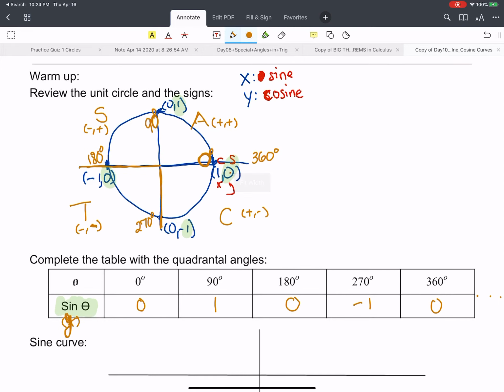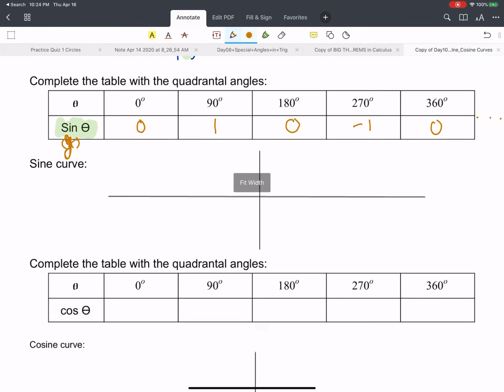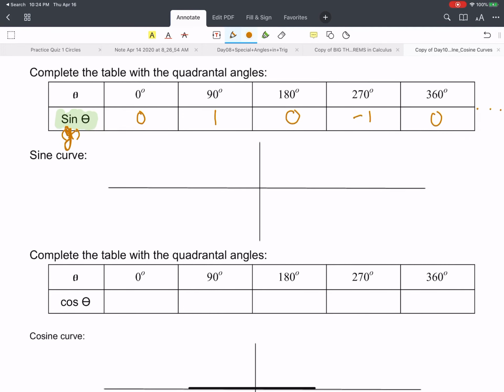Now you're going to take that information and graph it. Sounds a little weird, but all sine and cosine curves have this repeating pattern, and it's used a lot in real life because of tidal waves, the tides change, the temperatures change.